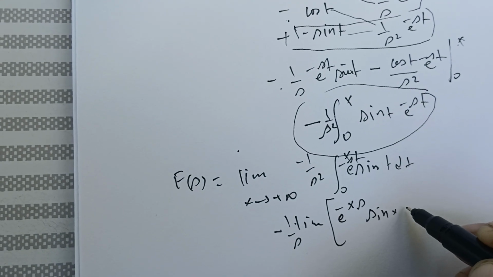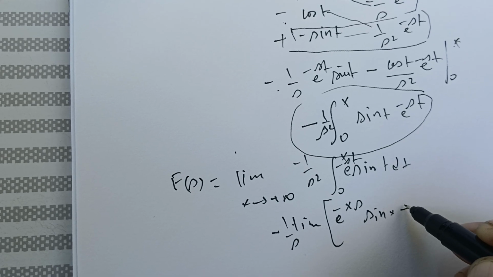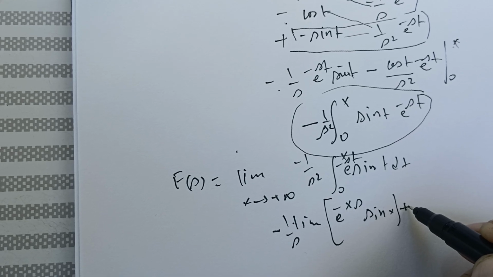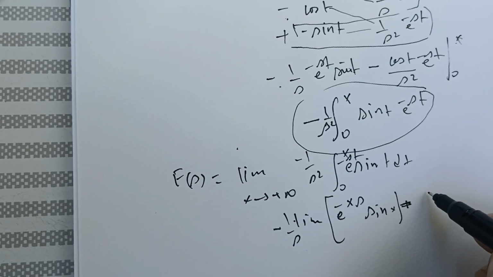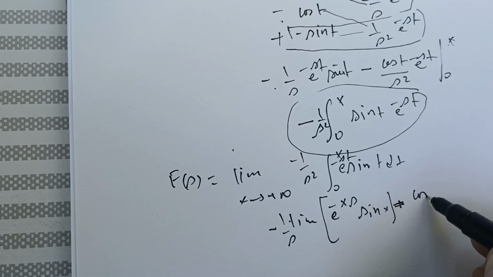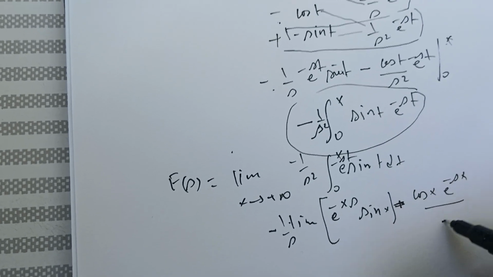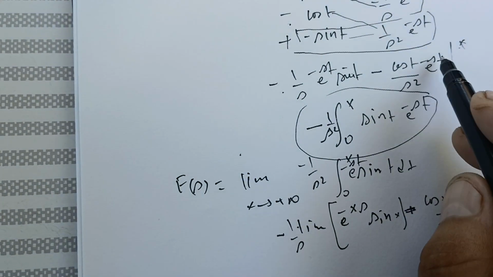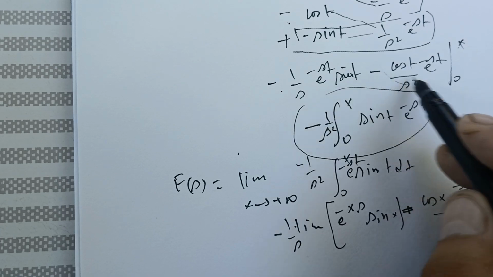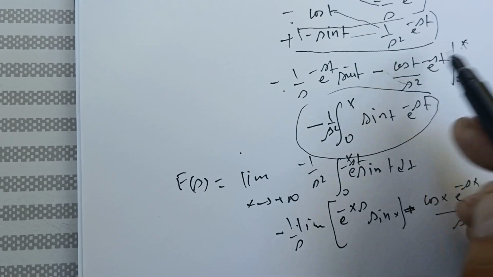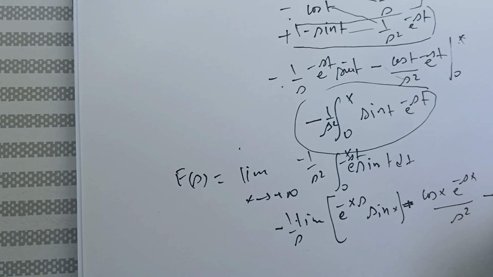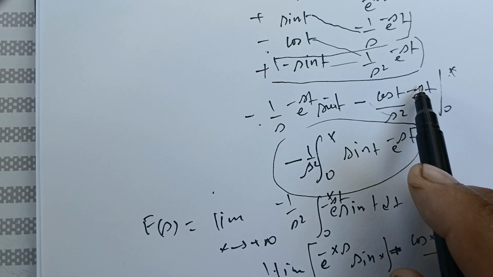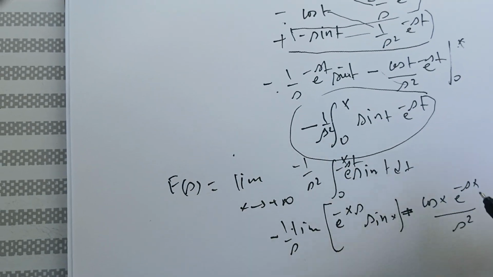Here I have minus cosine x e to minus sx over s squared, and once I evaluate at 0, I get minus 1 over s squared, because the cosine of 0 is 1 and the exponential at 0 is 1.